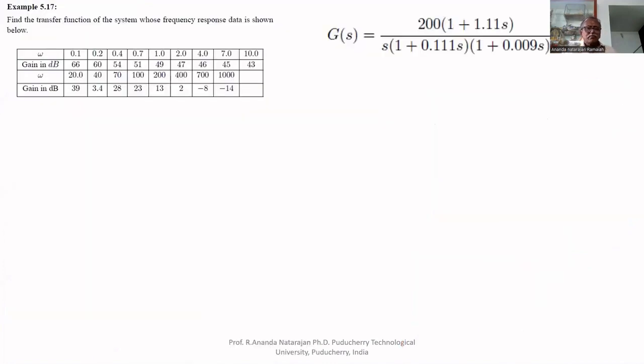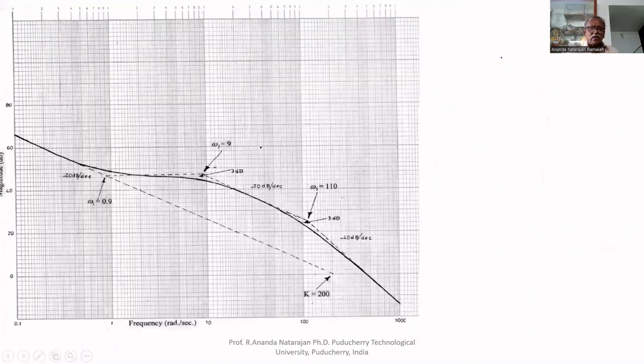Another example. Here also the frequency response is given. This is the answer for that frequency response. Here we have drawn that; this dark line is the magnitude plot. Then we are drawing the asymptotes.